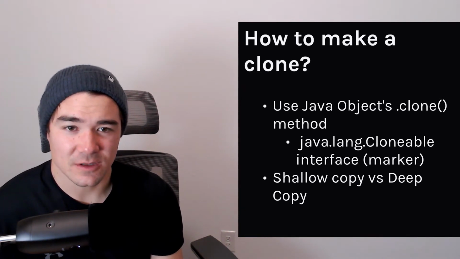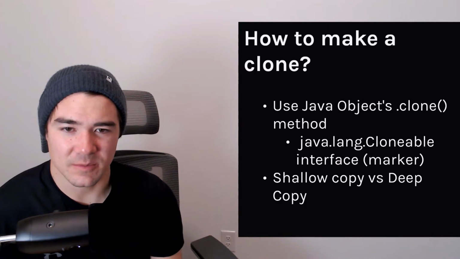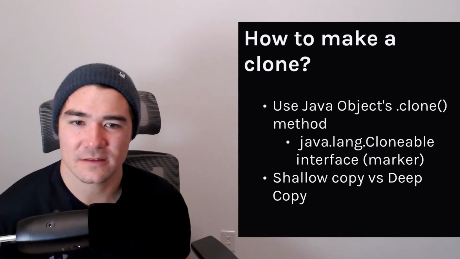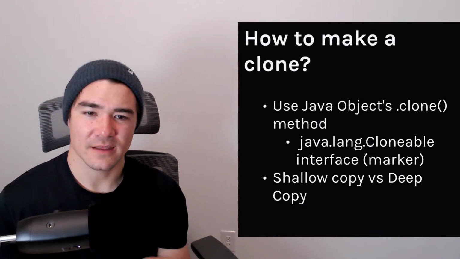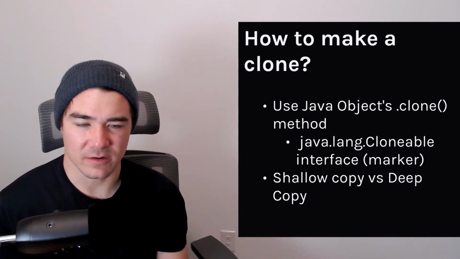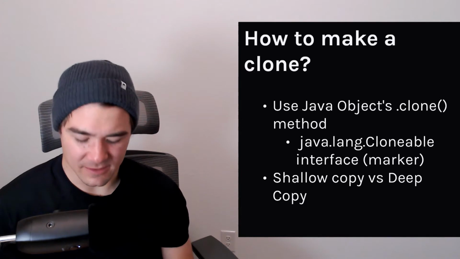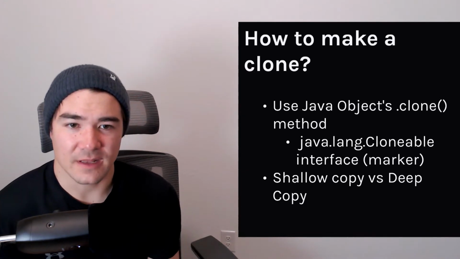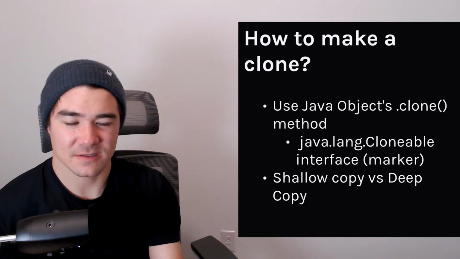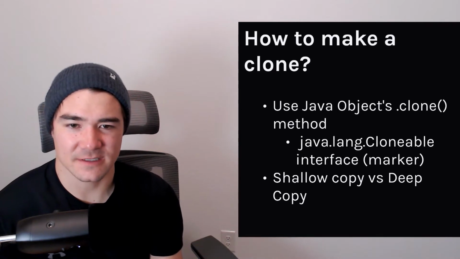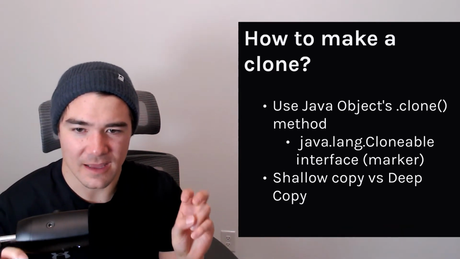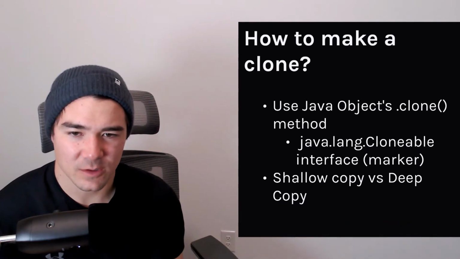To use this clone method, though, you need to implement the java.lang.Cloneable interface. And this is just a marker interface. So what's a marker interface? It's just an interface that the compiler can look at, and it doesn't have any methods. It's basically tagging the object to say that it is allowed to be cloned, to make it cloneable.